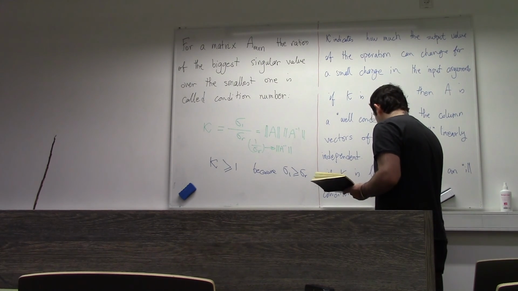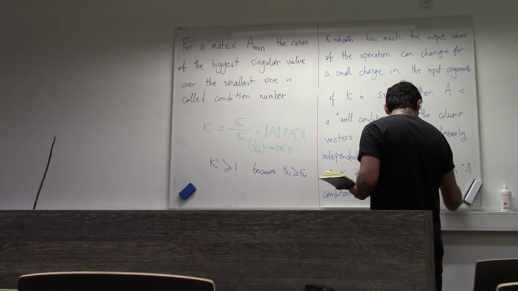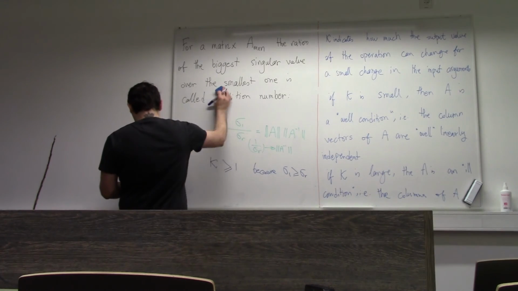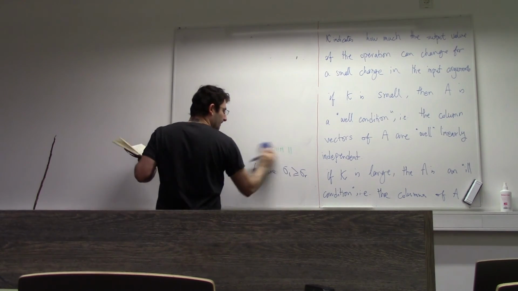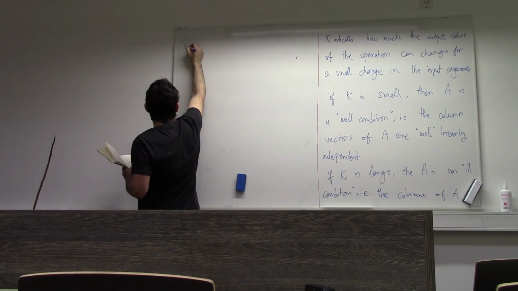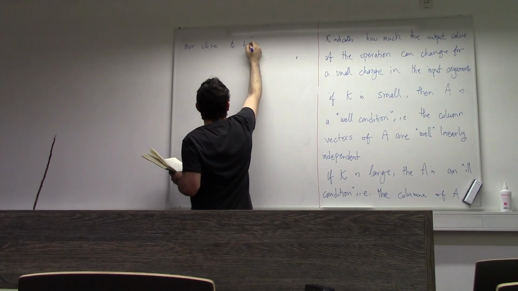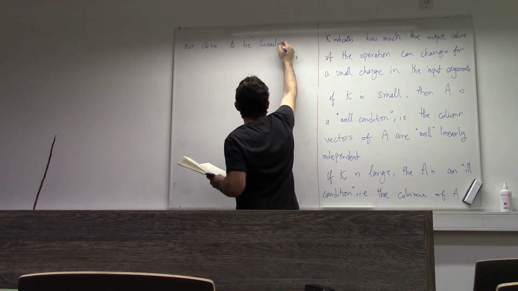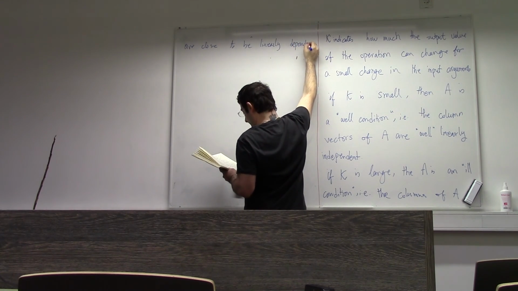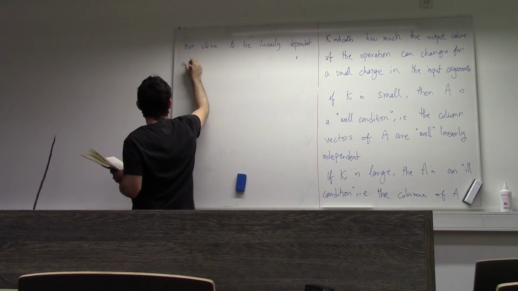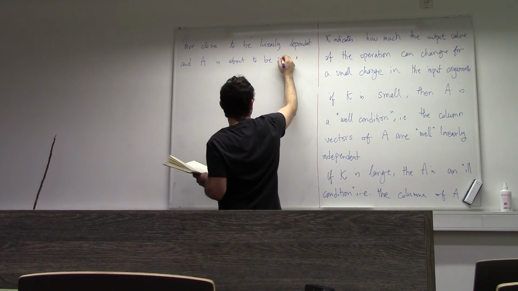In other words, the columns of A are close to being linearly dependent and A is about to be singular.